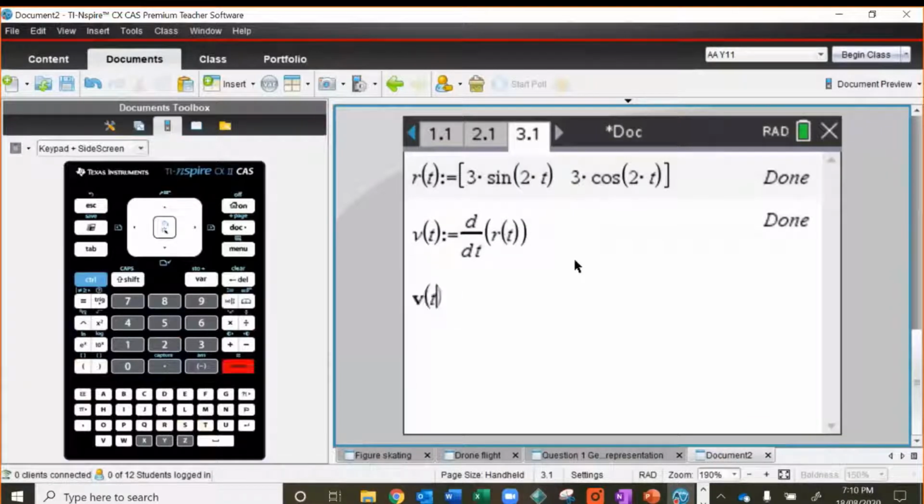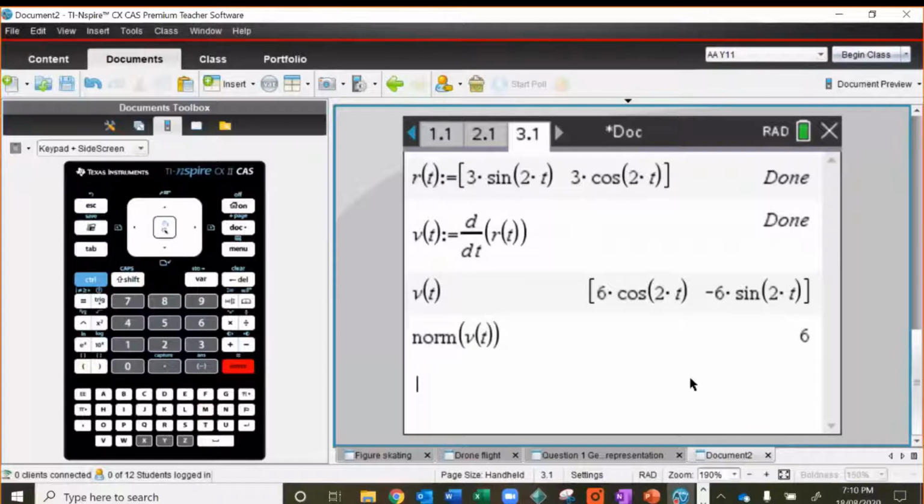And I can check what it is. So clearly you could differentiate it yourself. It's not very complicated. So now we want to find speed, but in general, so we know that it is the norm of the velocity vector. And interestingly, speed here does not depend on time.